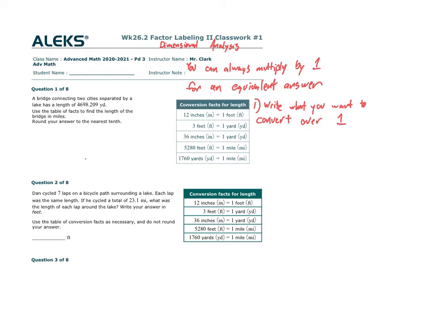I'll do step 1 while we're doing this. A bridge connecting 2 cities separated by a lake was 4,698 and 209 thousandths. So we write that, 4,698.209. You've got to have your label on there. Over 1. That's step 1.